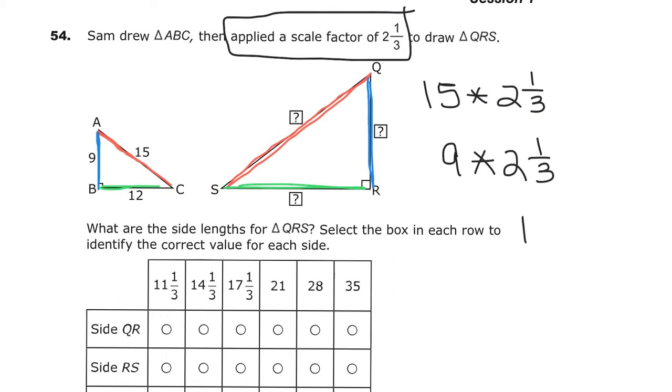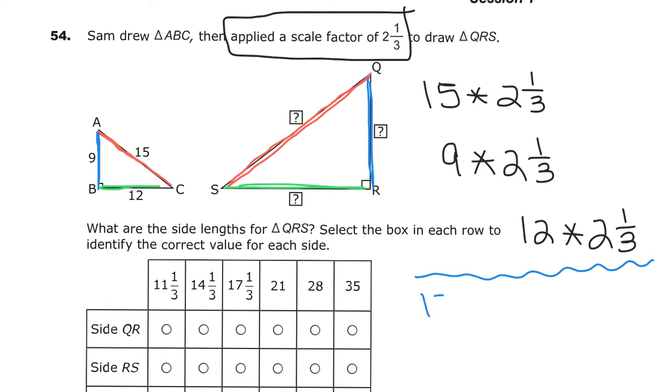And then take the 12 and multiply it by 2 1/3. This is how you solve a scale factor problem. It's multiplication. What answers do we have? Or do we need to practice multiplying mixed numbers? Let's do that too.